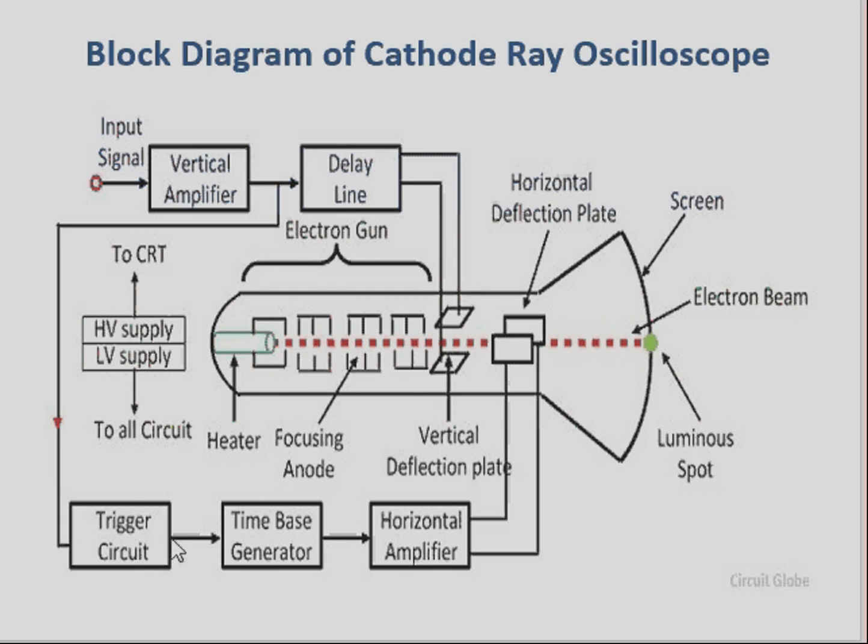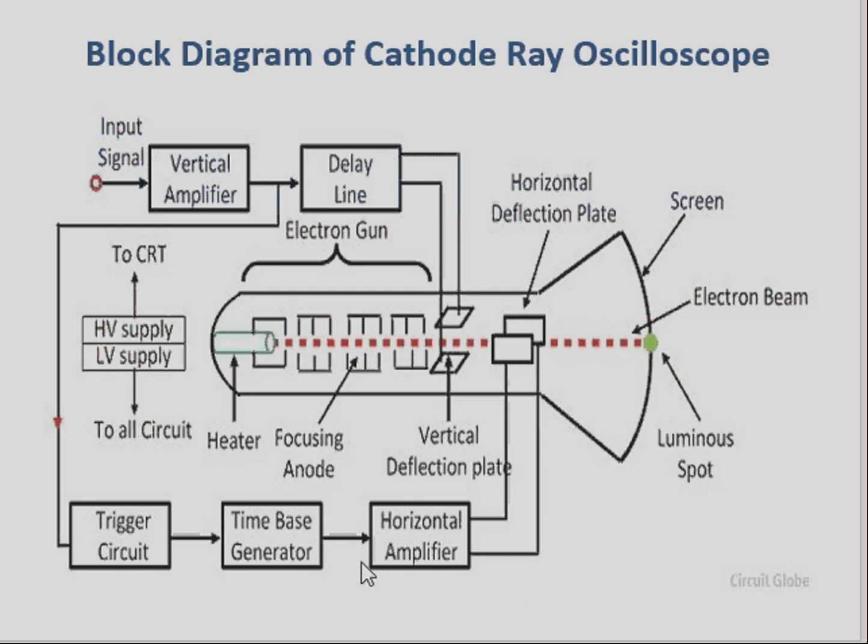The output of this trigger circuit is given to the time-base generator, and the time-base generator actually produces the waveform. The time-base generator produces the sawtooth waveform, and that sawtooth waveform is applied to the horizontal deflection plate.